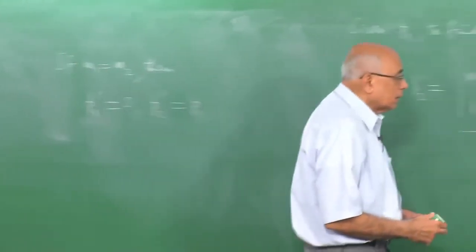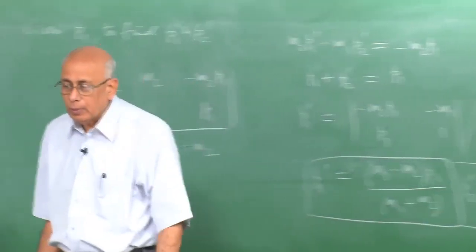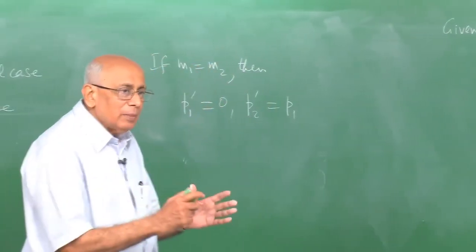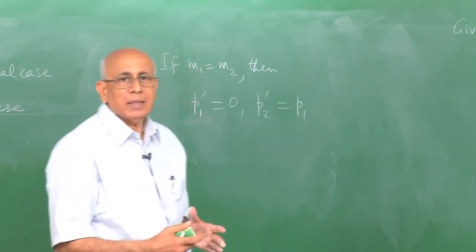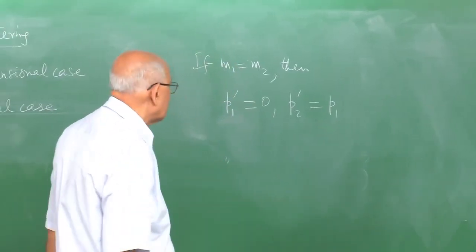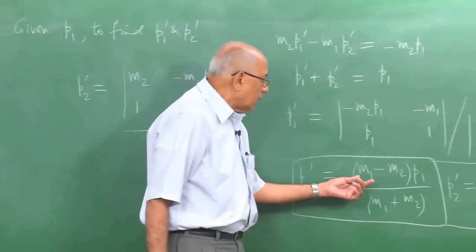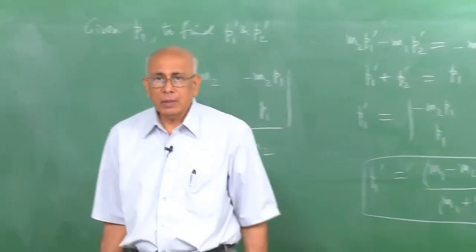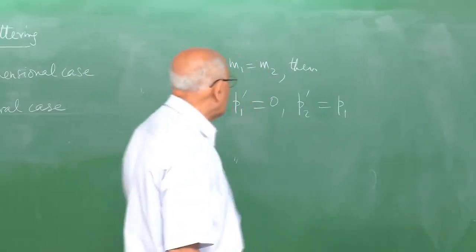In other words, the numerator and denominator cancel out and you get just p1. So there's an exchange of momentum. The projectile's momentum is transferred completely to the target, and the target moves along and the projectile remains at rest. That's what you expect for equal masses. And as I said earlier, if m1 is less than m2, then there is a recoil backwards of the projectile while the target moves a little bit in the forward direction.